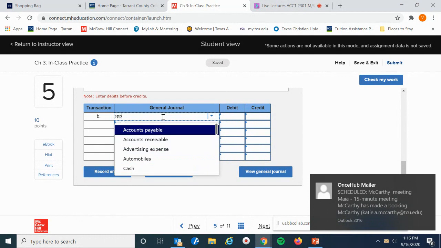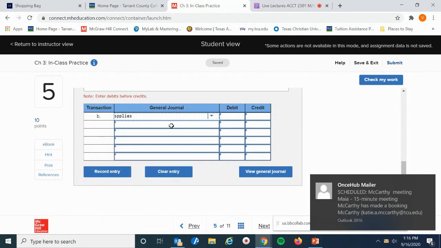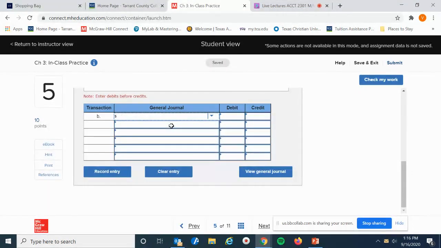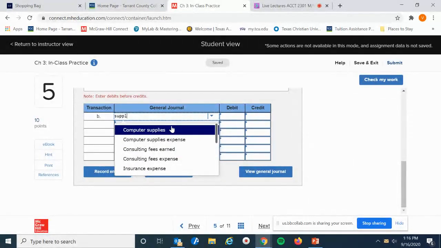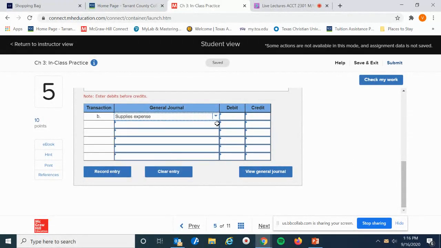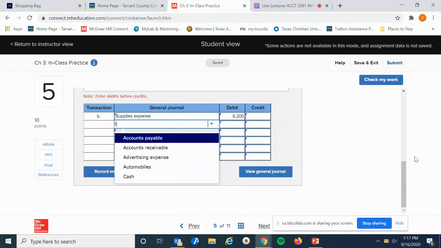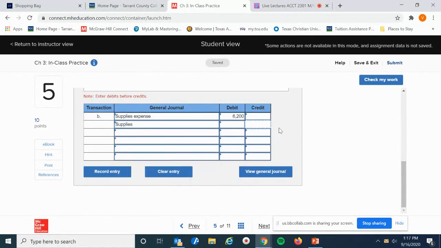And again, I'll try to type it rather than looking for it. So supplies expense will be debited, and I'll debit it for $6,200 because that's what I'm determining has been used up during the year. This is the income statement account, and on the balance sheet, I'll credit supplies to show that the company has used up $6,200.